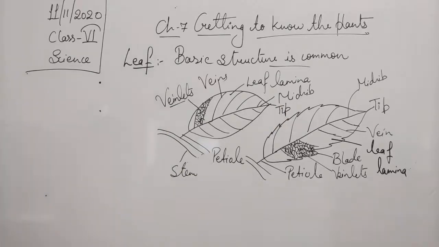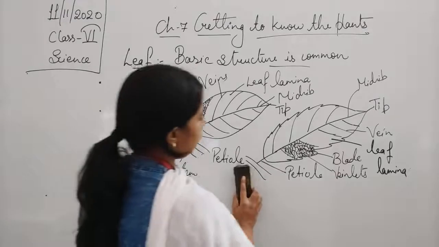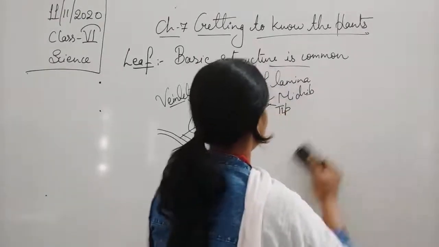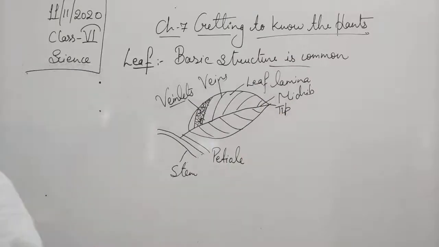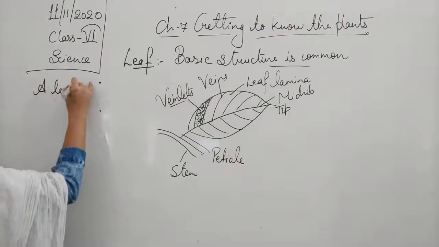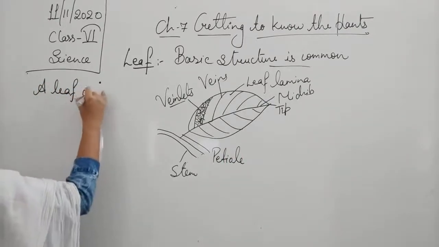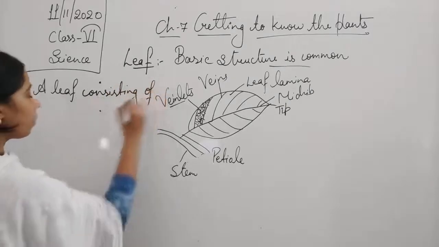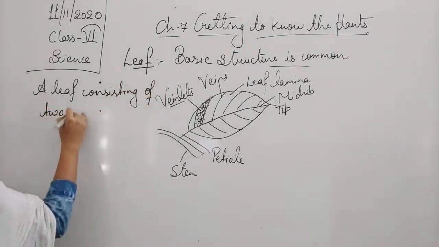Okay. So we can say that basically this leaf, I am writing it here, students, that a leaf consisting of two main parts.